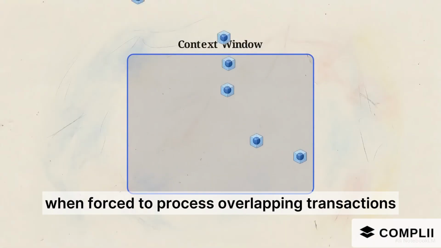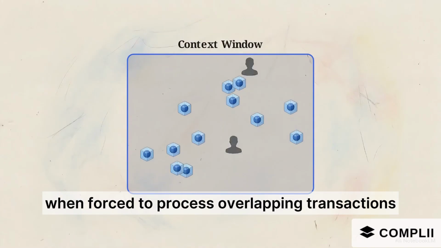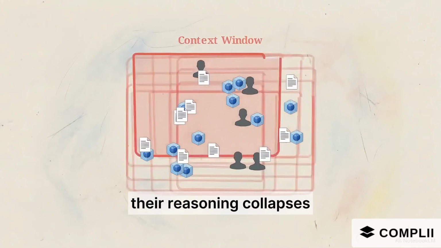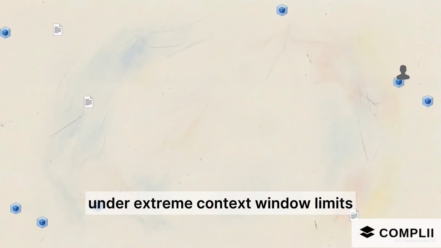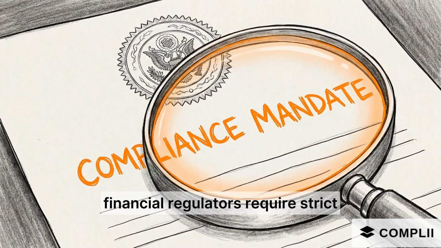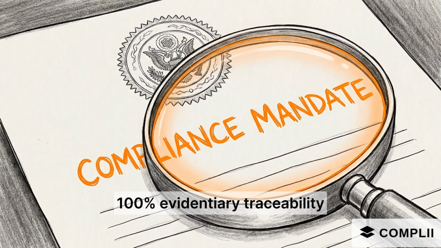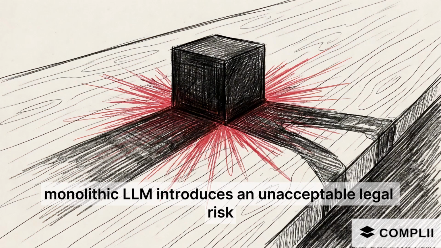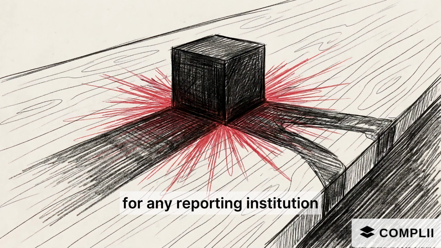Furthermore, when forced to process overlapping transactions, multiple subjects, and extensive historical data, their reasoning collapses under extreme context window limits. Financial regulators require strict 100% evidentiary traceability for every claim made in a SAR. The opaque, black box nature of a hallucinating monolithic LLM introduces an unacceptable legal risk for any reporting institution.